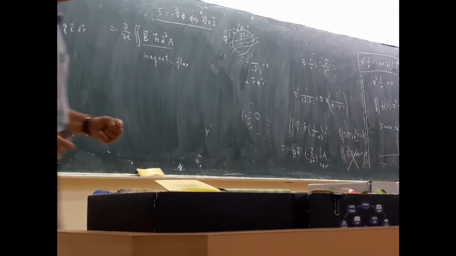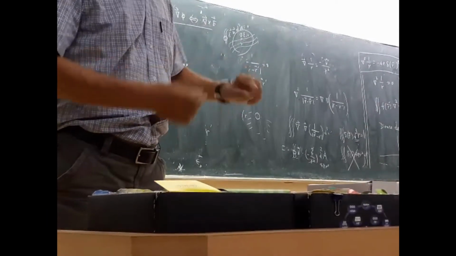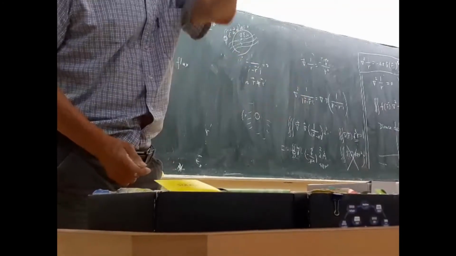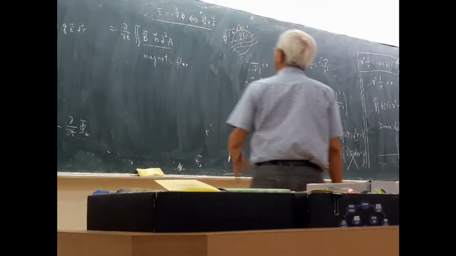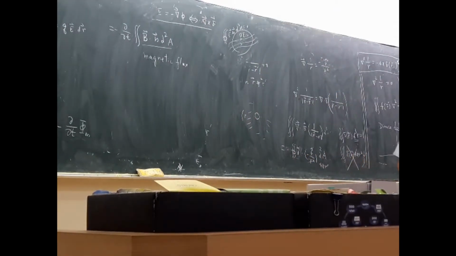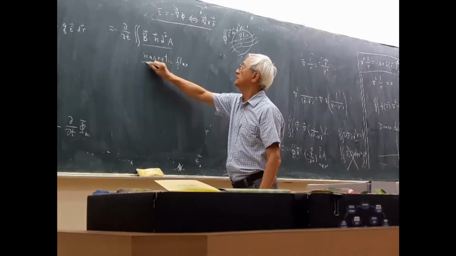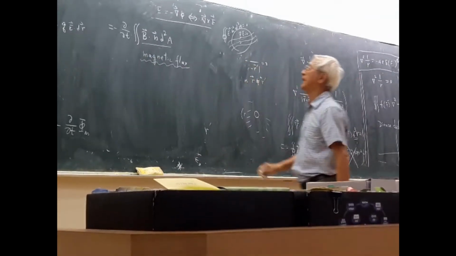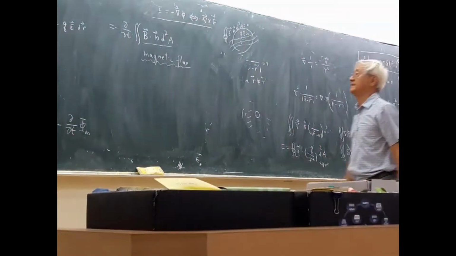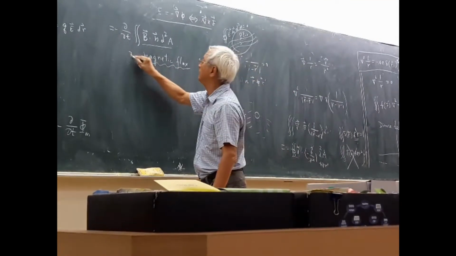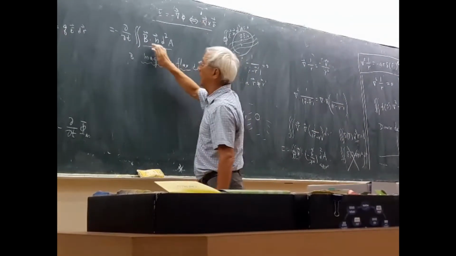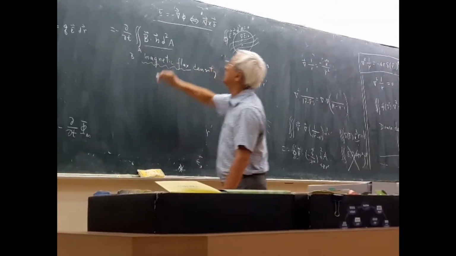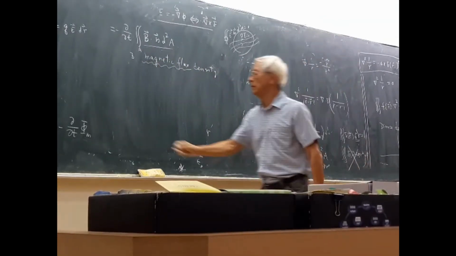In Ampere's time, they didn't have vector calculus. They just drew these lines, very ingenious. We now know that this is historically the magnetic flux, and B is the magnetic flux density.